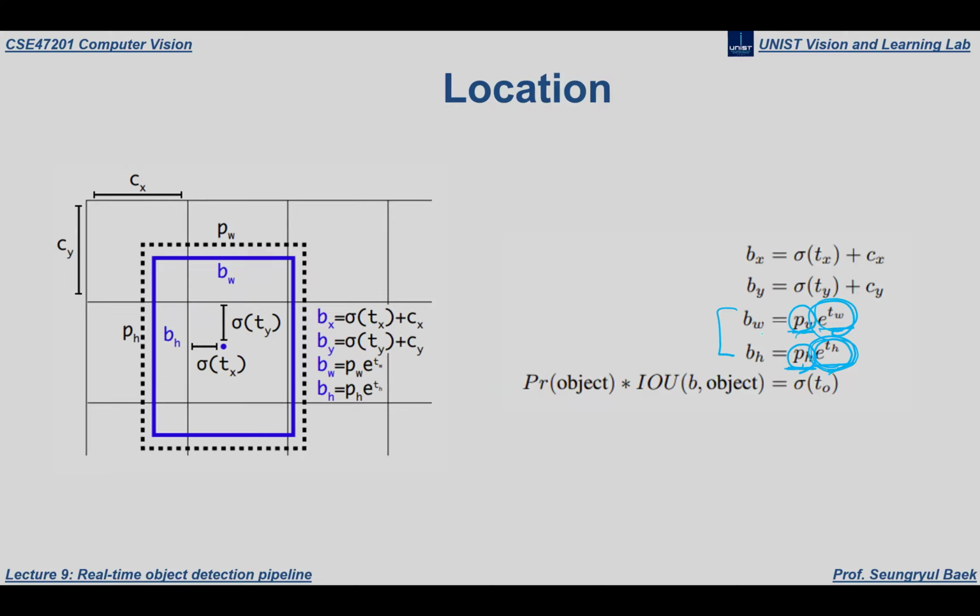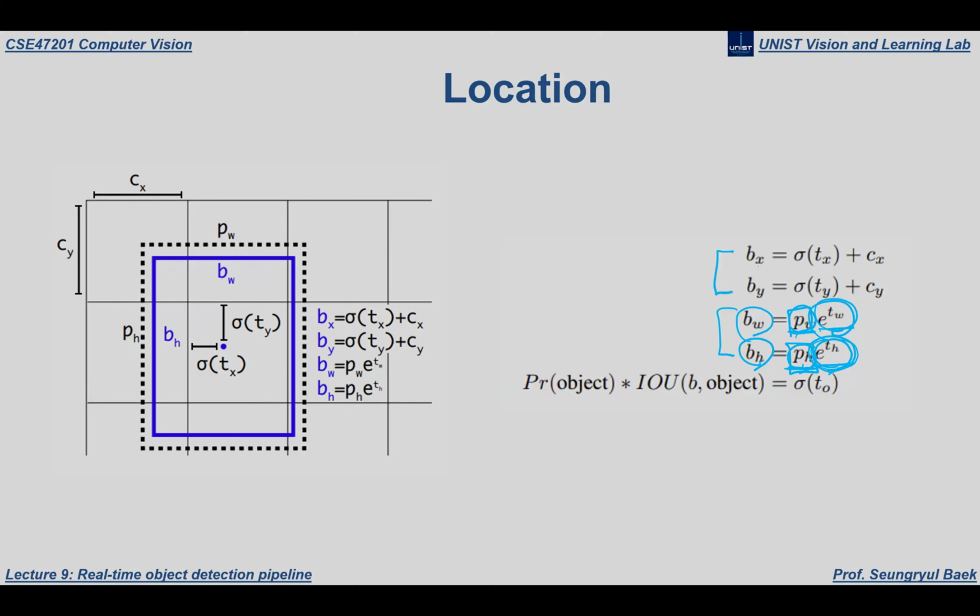So this is the resultant bounding box size. Rather than estimating the raw values, they estimate the ratio, and that is actually more reliable in network training. So by using this scheme, they can also improve the precision.